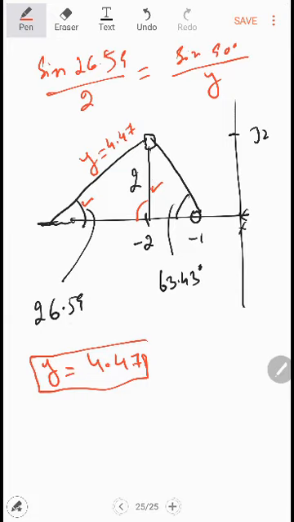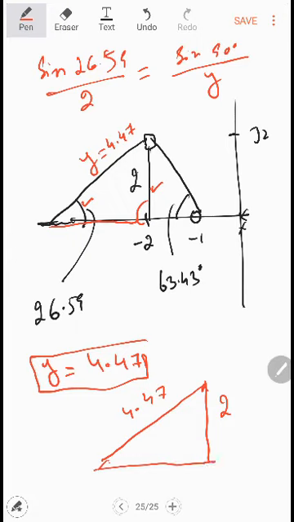Now we can find this one by using the Pythagoras theorem also. This is given, which is equal to 2. This is also given, which is equal to 4.47. We have a right angle triangle, so we can find this one using the Pythagoras theorem.